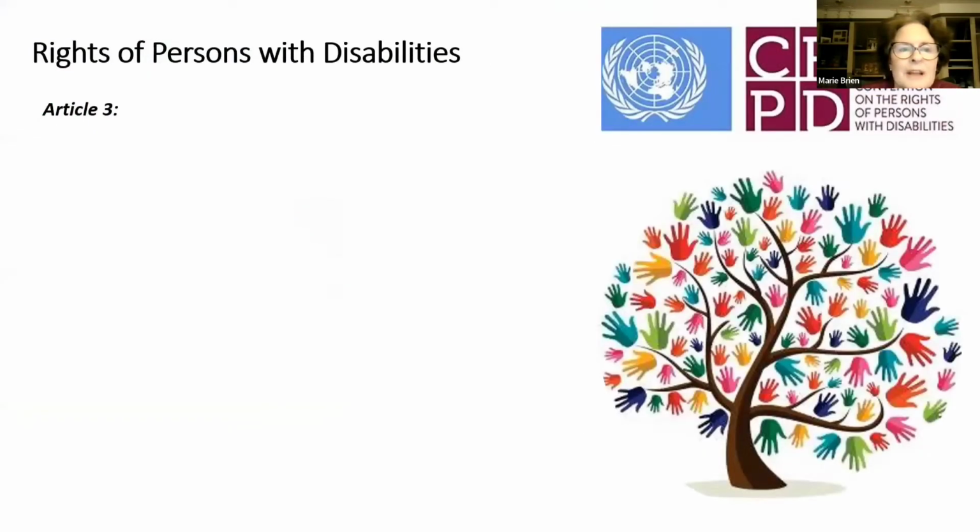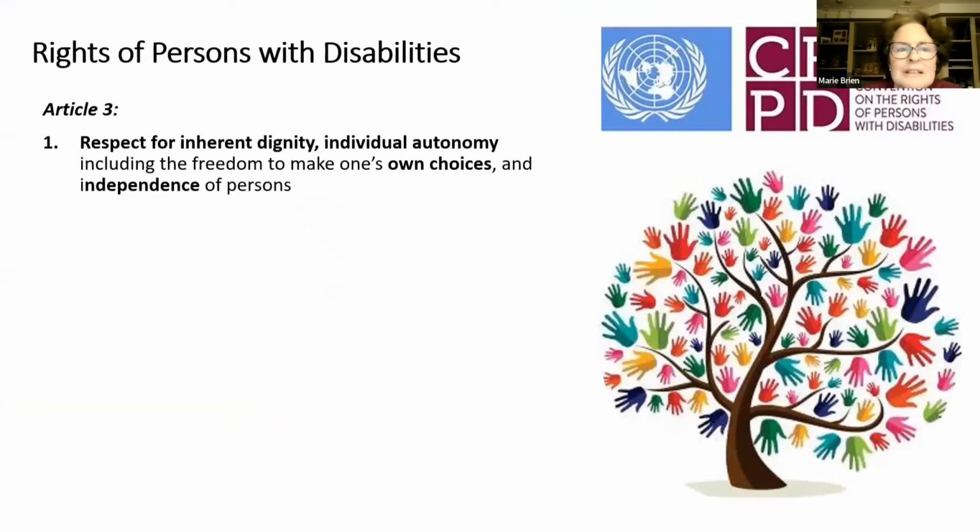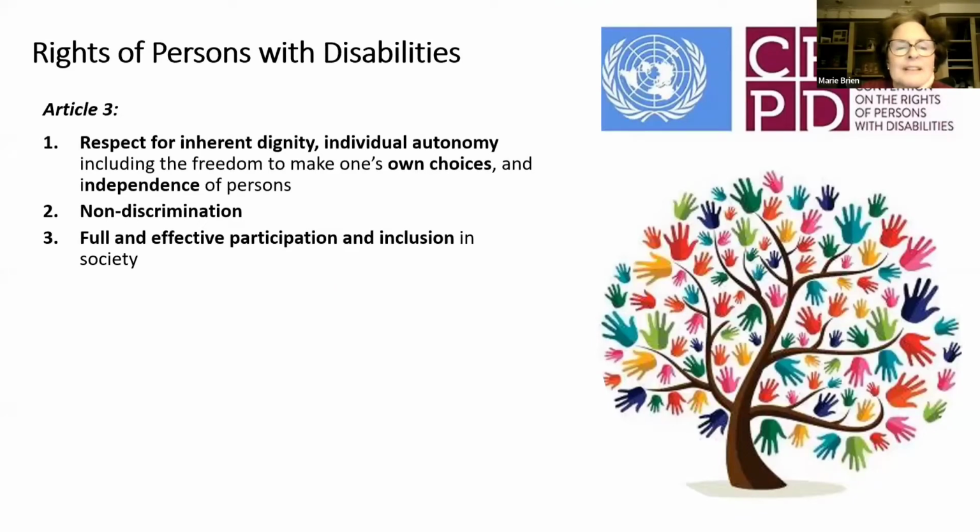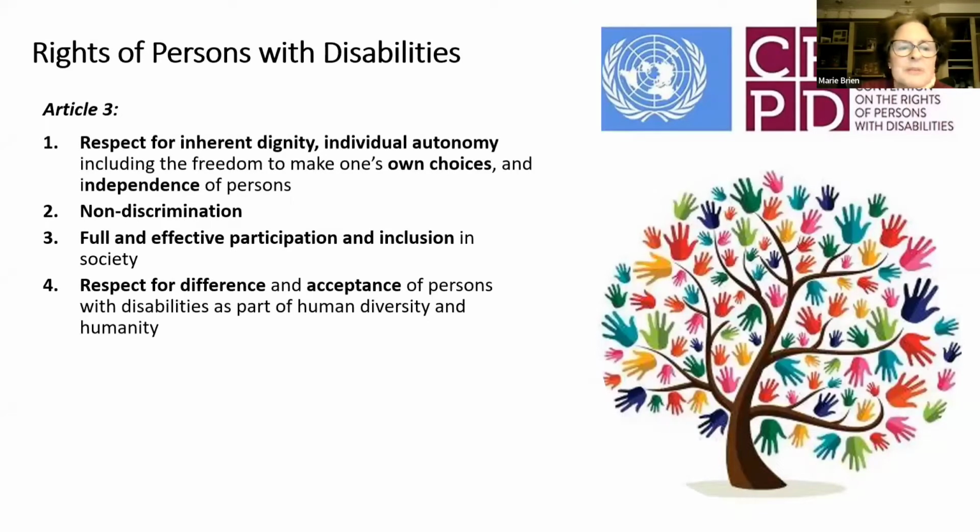If we look at the rights of persons with disabilities, it defines that we want respect for dignity and autonomy, for each person to make their own choices and be independent. No discrimination, full and effective participation and inclusion. We want respect for differences and acceptance of persons with disabilities.